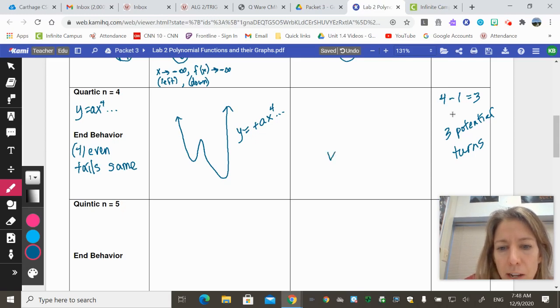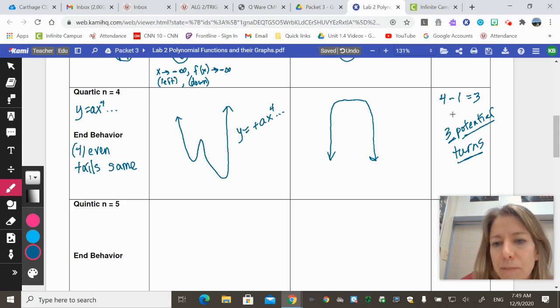Sometimes it looks like this. In this case, since the lead coefficient is negative, the tails are going to be going down, but it kind of looks like a parabola, but it has a flat bottom. So it doesn't have to have 3 turns. It has 3 potential turns. If you see a flat piece, it indicates that the degree is higher than the actual number of turns.